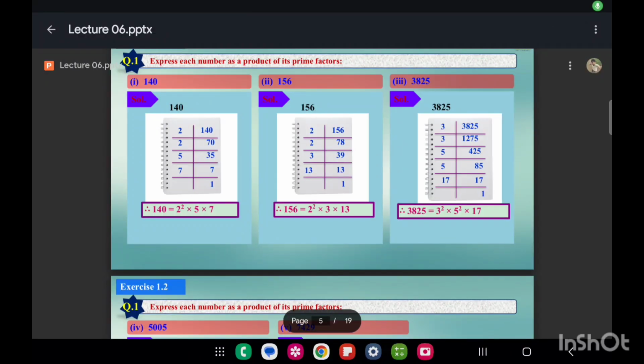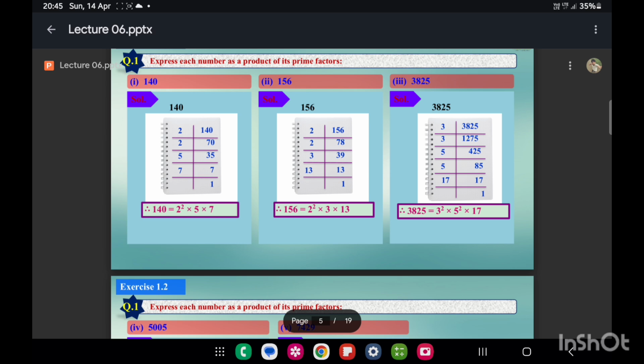Now we can go for Exercise 1.1. Express each number as a product of its prime factors. The first one is 140. We have to divide 140 by the lowest number, which is 2. 2 seventies are 140.